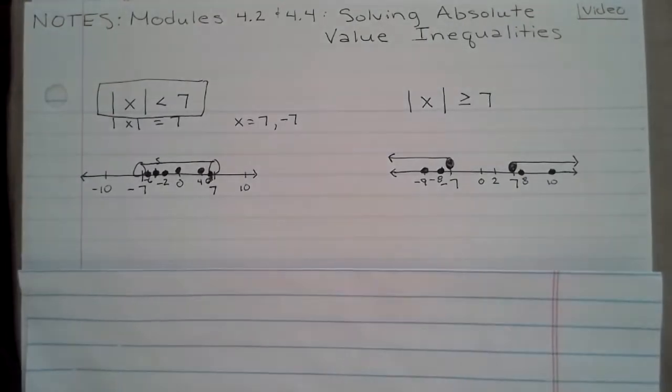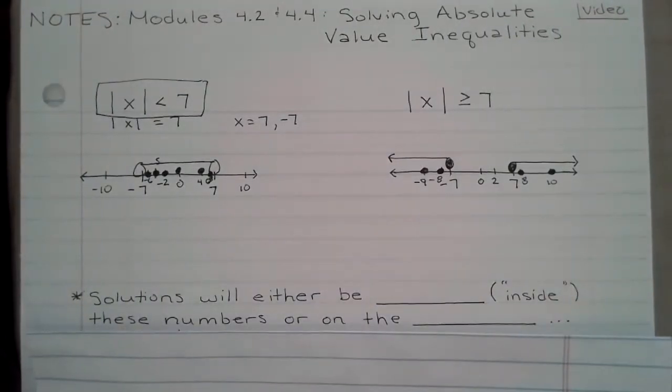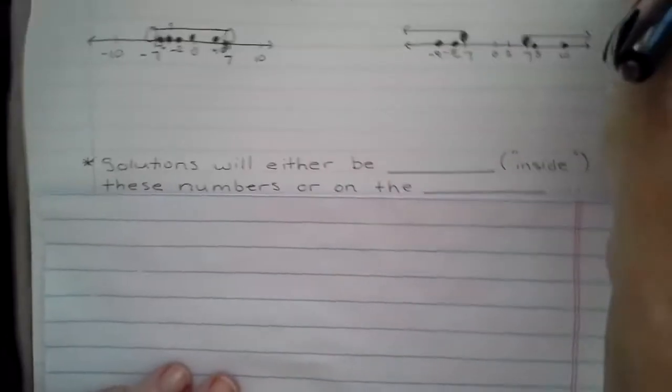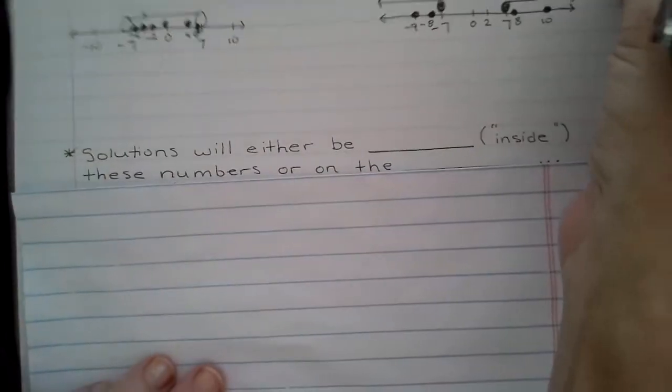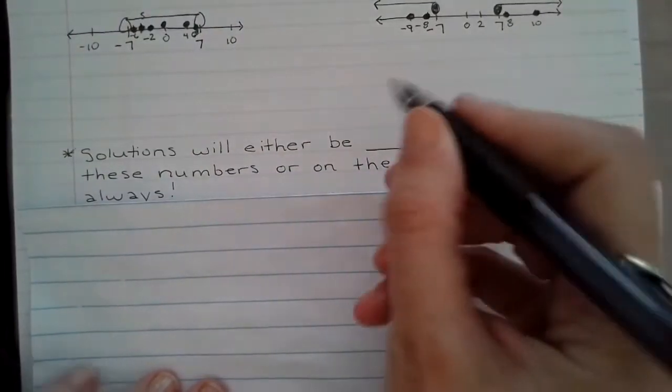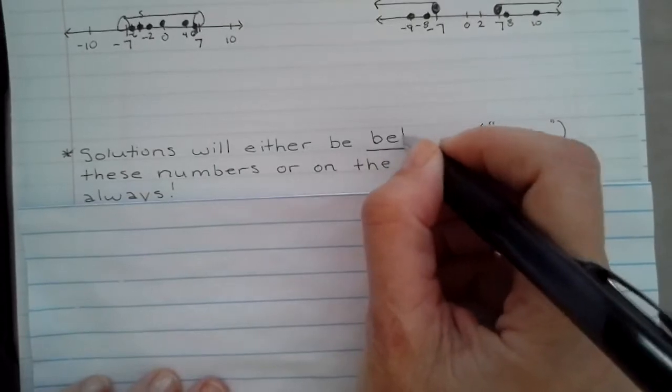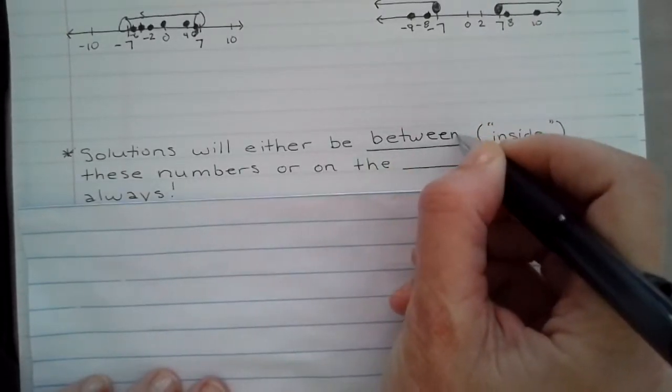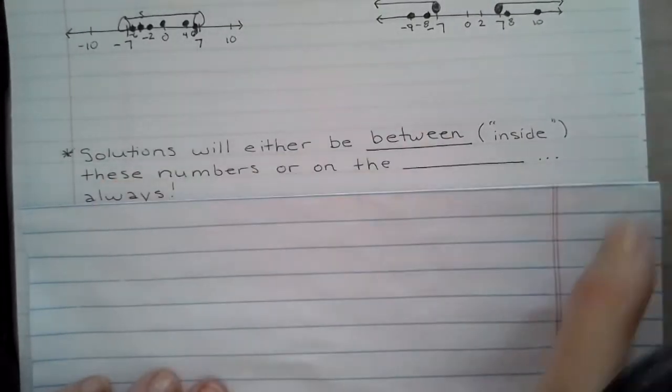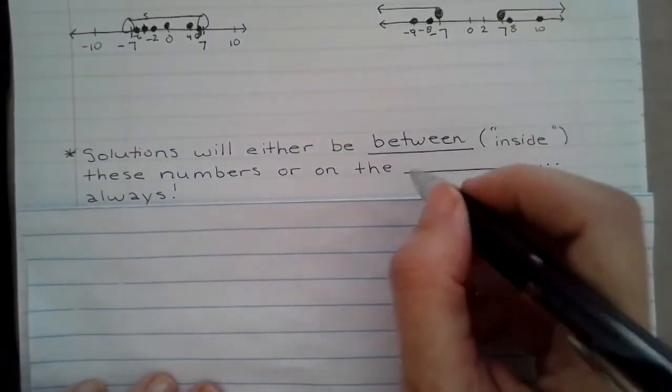All right, so folks, I'm here to tell you that for these absolute value inequalities, solutions will always be either between these two numbers, which I called inside, or they'll be on the outsides.